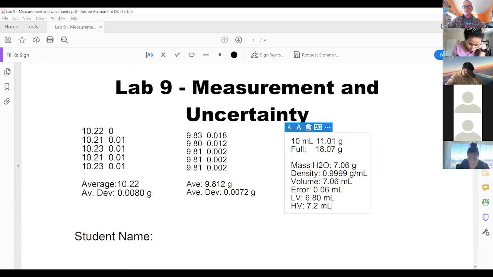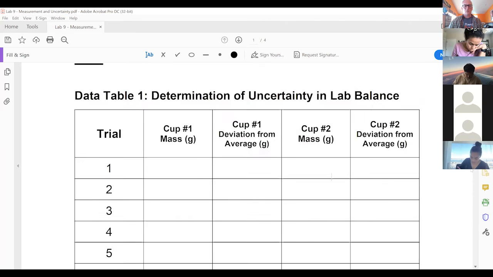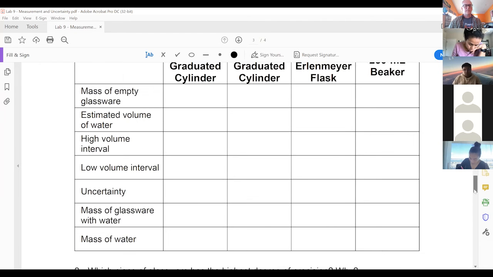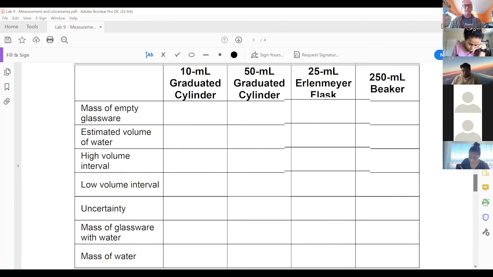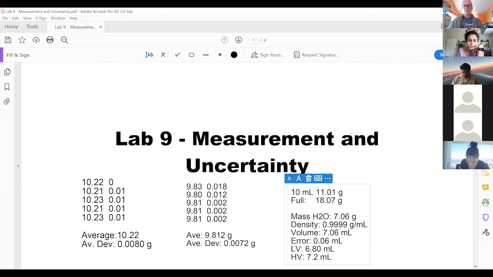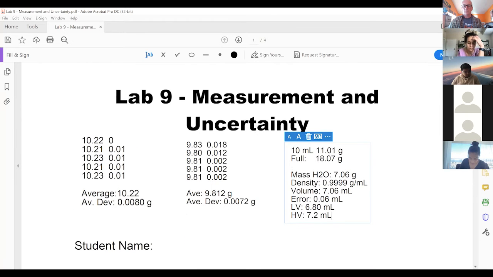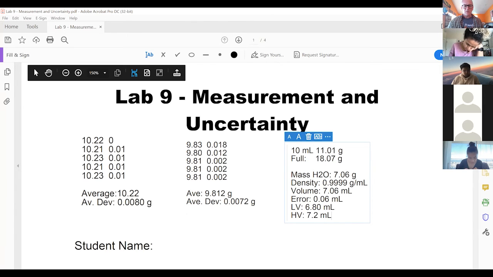Wait a minute, no, let me do that again. Oh, my intervals, right. They are both 0.2 away, divided by 2. And that's how we do the measurement.